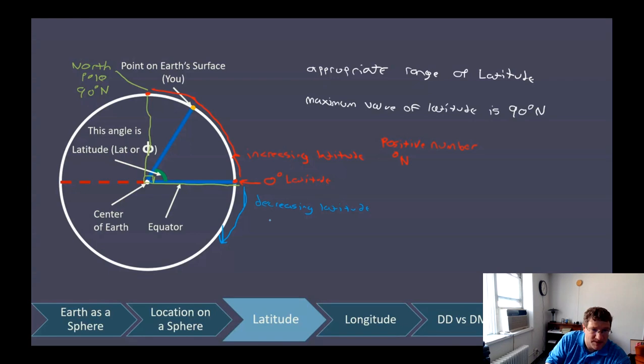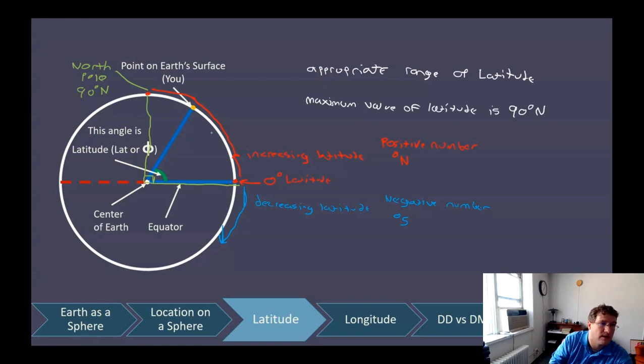The way that we represent that is either with a negative number, so if we're doing math, heading south of the equator would equate to a negative latitude, or you'll see it with a degree sign and then south. So you'll either see a negative number or degrees south.